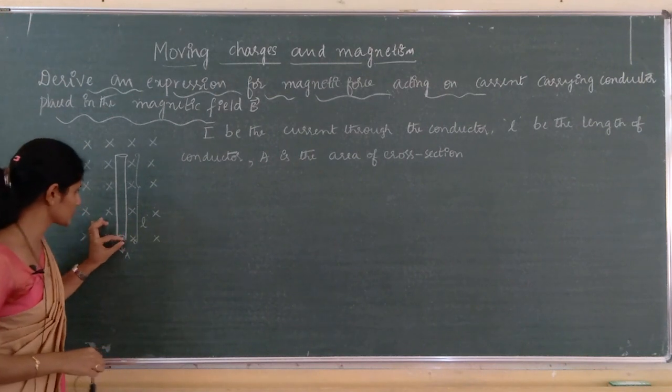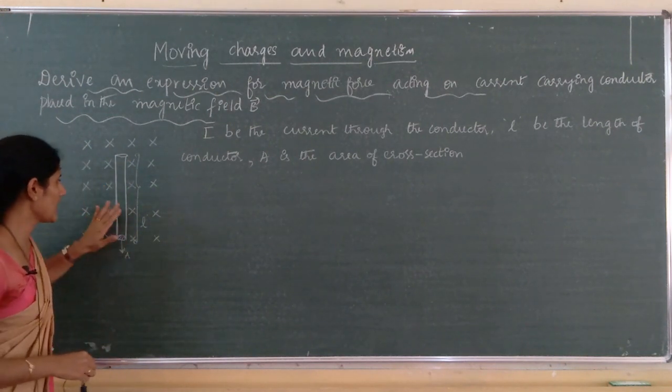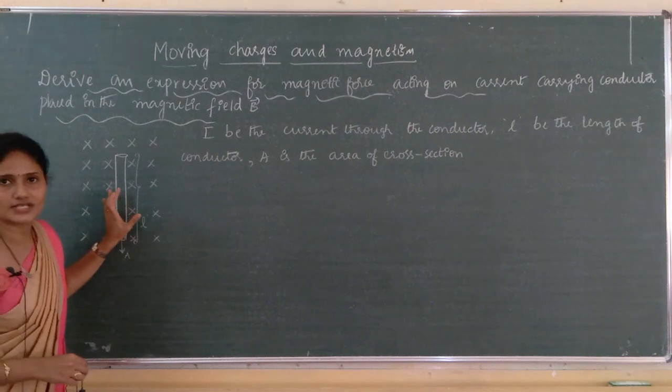So, this is the area of cross section, this is the total length of the conductor, and I is the current flowing through this conductor.